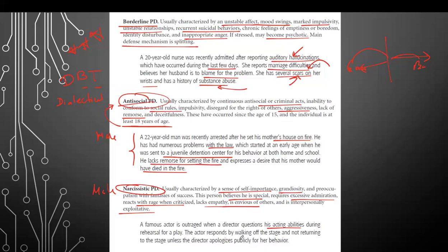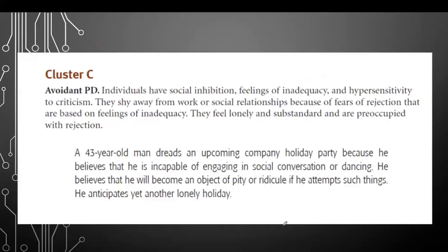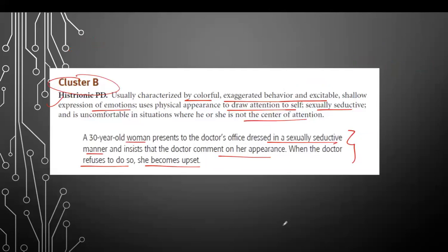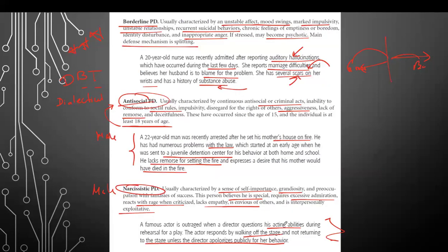The actor responds by walking off the stage and not returning unless the director apologizes publicly for her behavior. So you can understand the egotistic behavior. So that's narcissism. Does it make sense to everyone? Like how to differentiate histrionic, borderline, antisocial, and narcissistic?